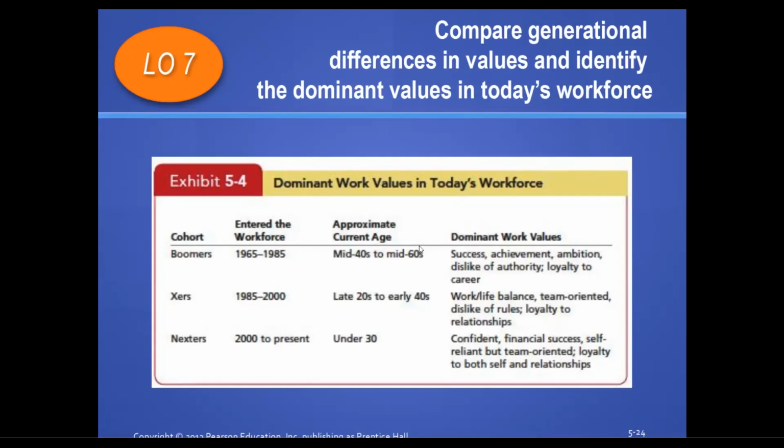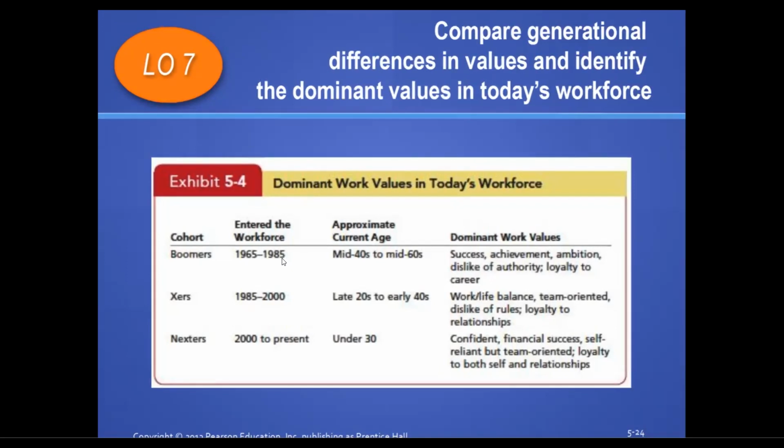Actually, these years can vary according to the researchers. However, X people were born around 1985 to 2000, then Y people were born after 2000. Okay, some people are saying that a fourth generation is also there.